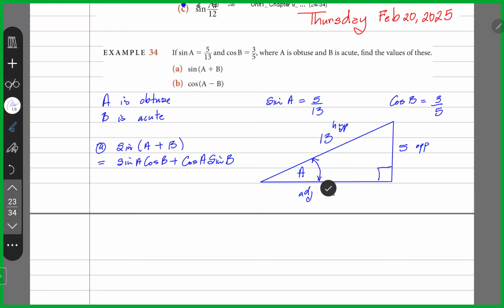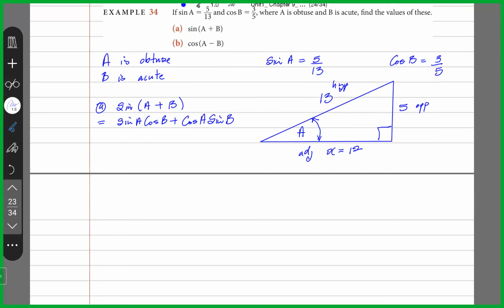Now, if you are aware of your right angle triangles, you will know that if you have a right angle triangle where the hypotenuse is 13 and one side is 5, the next side must be 12. If you know this, you do not need to apply Pythagoras theorem. You could just write that the third side is 12. However, if you don't know it, since you know two sides, you could use Pythagoras theorem to determine the third side.